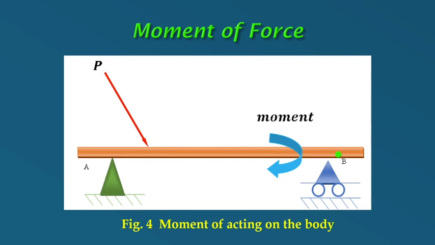Now, you can apply the force near the axis or very far from the axis. And from your experience, you know, if the point of application of the force is near the axis, you need to give more effort, meaning more force needs to be applied to operate the door.